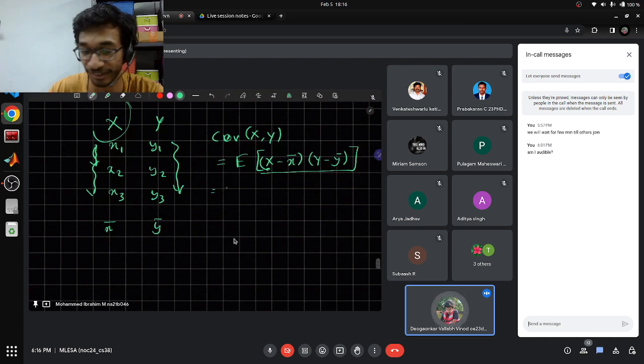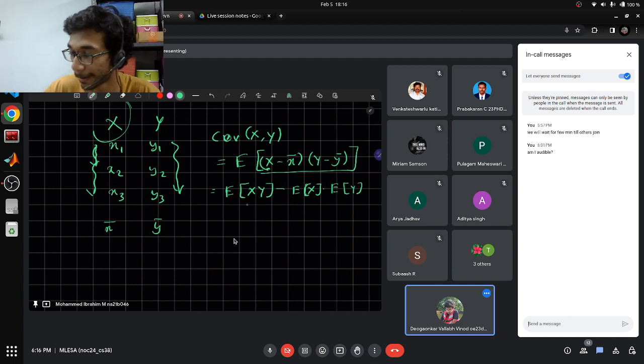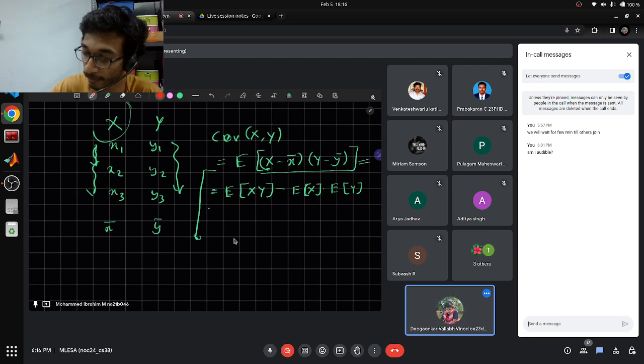There is a standard formula for it which goes something like E of xy minus E of x into E of y. So this is one way of doing it, or you can go with the definition itself, and I'll put it in a red box.